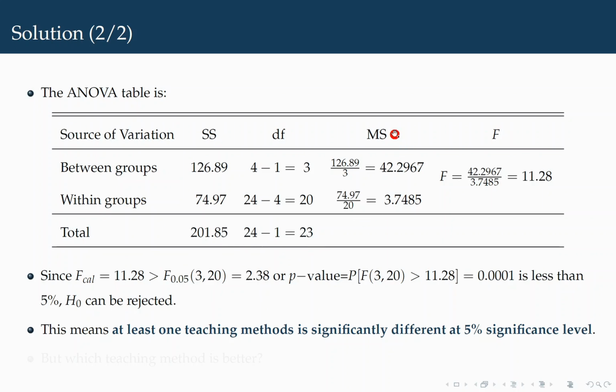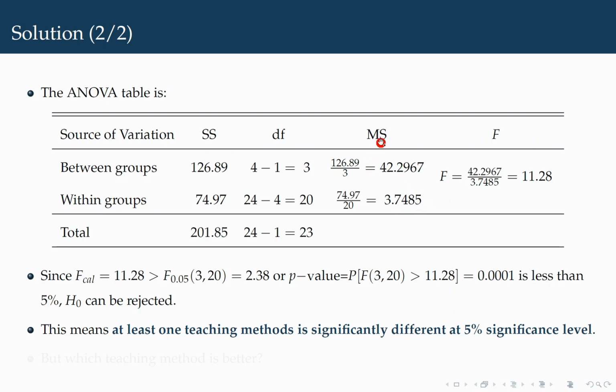Now the mean square is nothing but the sum of squares divided by their corresponding degrees of freedom. So 126.89 divided by 3 gives the between mean square, 42.2967. And the sum of squares of the within variability, 74.97 divided by 20, is 3.7485.